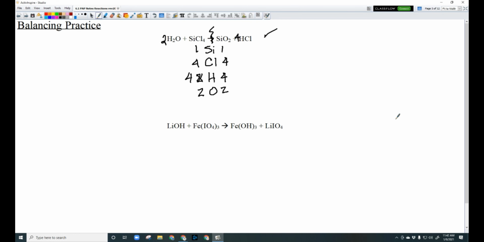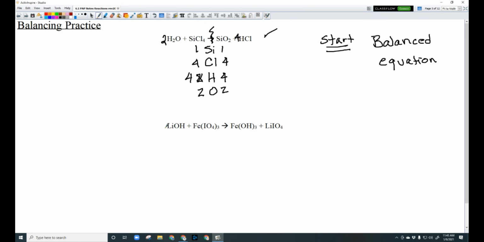Now we can use this balanced equation in other calculations that we may want to do with this equation. It's very important: you have to start everything you do in chemistry with a balanced equation. That's why it's so important that we learn how to balance equations, because we can't move forward in chemistry without a balanced equation.